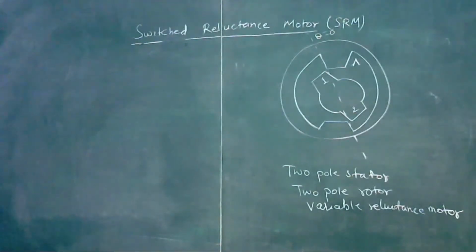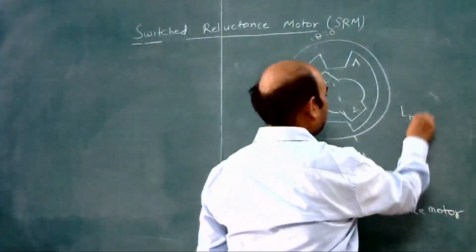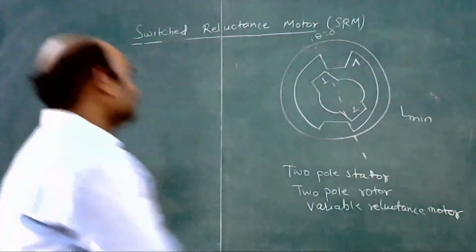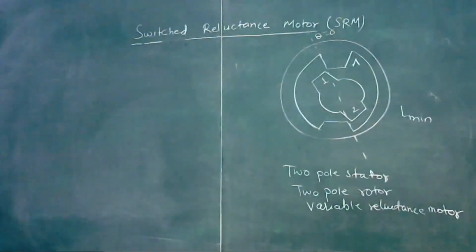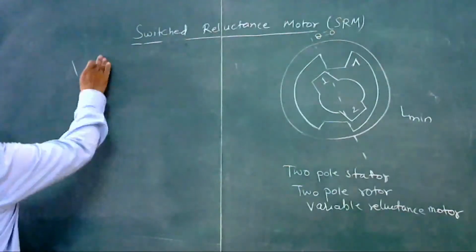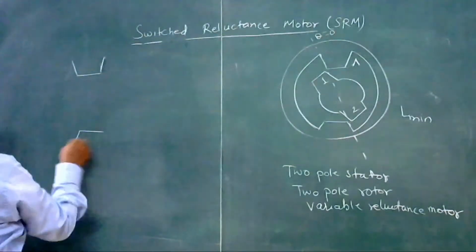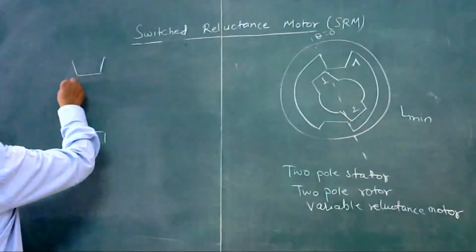Okay, so here in this position, theta is equal to 0. So the inductance will be minimum. So let's suppose this motor moves like this.